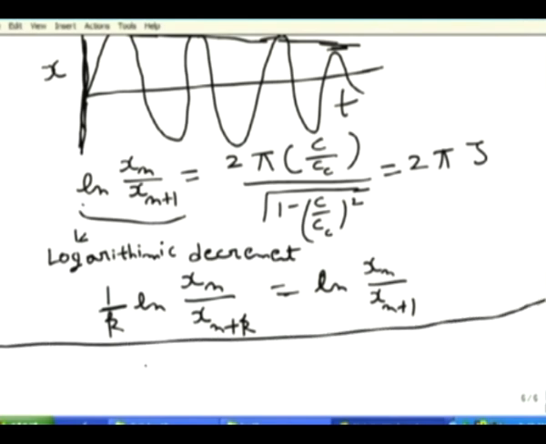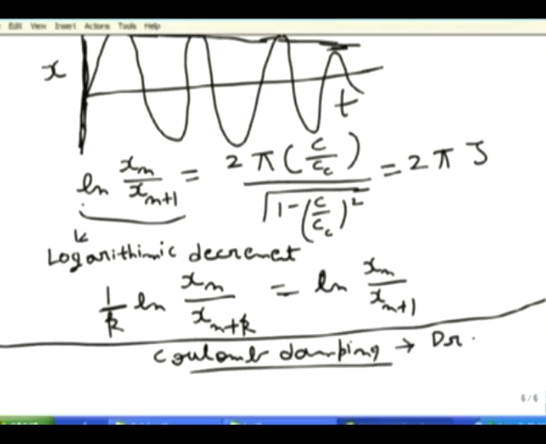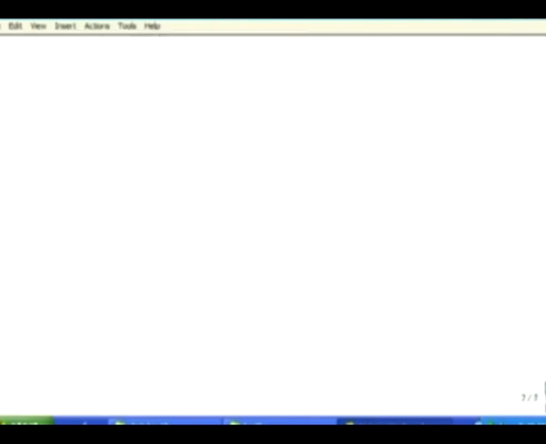One can as well take other type of damping. One is called Coulomb damping, that is damping due to dry friction. This damping is not dependent on Cx.